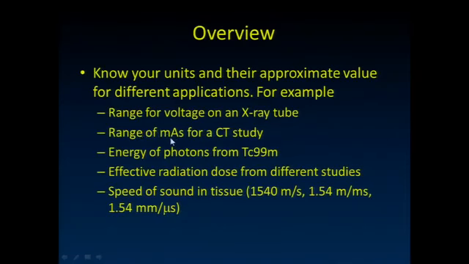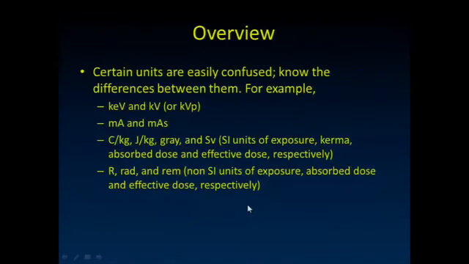I want you to understand the range of mA for a CT study, the energy of photons of technetium-99m. If I say that to you, you all ought to be able to just tell me 141 keV. Effective radiation doses for some different studies, speed of sound in tissues.